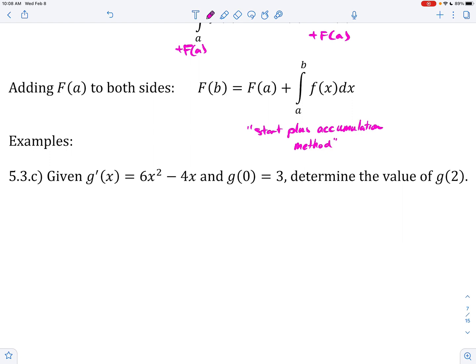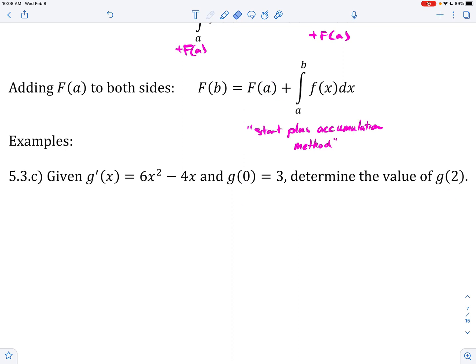And here we go. We're going from an x value of 0 to an x value of 2. So in this scenario, it's kind of like the b value, the higher value, is a 2, and the a value, the lower value, is a 0.